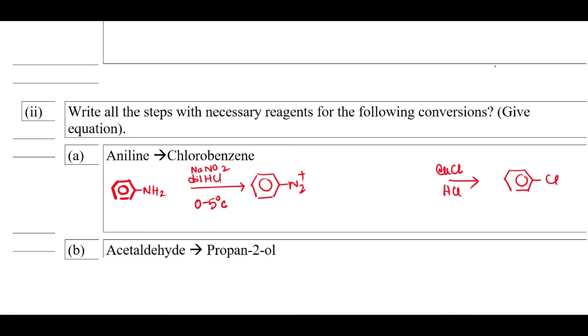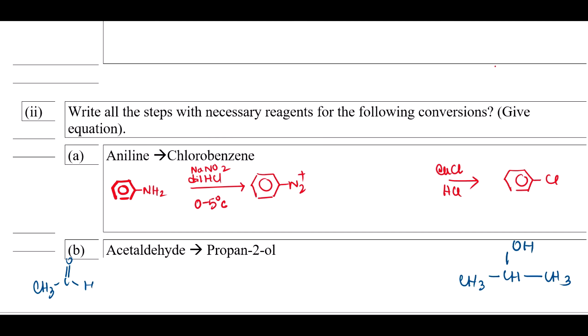Okay. The next question we have is acetaldehyde to propanol. Let's draw it first. Acetaldehyde is CH3, C double bond O, H, and propanol is propane, this is propan-2-ol. So just the carbonyl will be converted into alcohol.